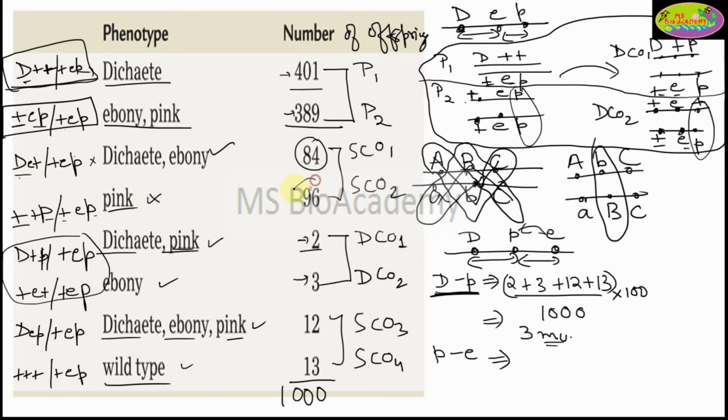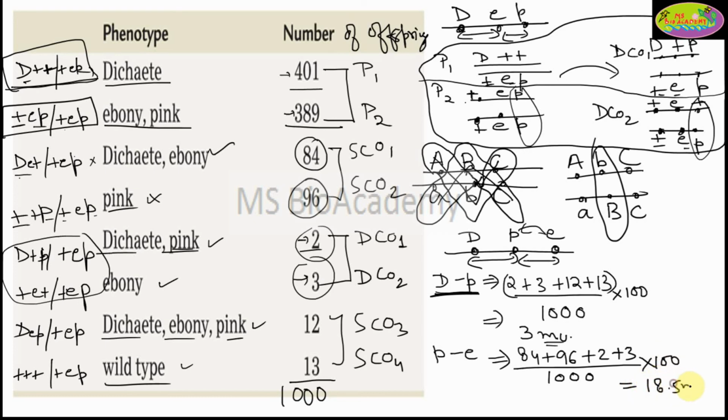Similarly over here recombination takes place between P and E, and also in these two double crossovers P and E recombination takes place. So we are going to take all these offspring. So it will be 84 plus 96 plus 2 plus 3 divided by our total number of offspring, that is 1000, multiplied by 100. Now this will give you a result of some 18.5 mu.